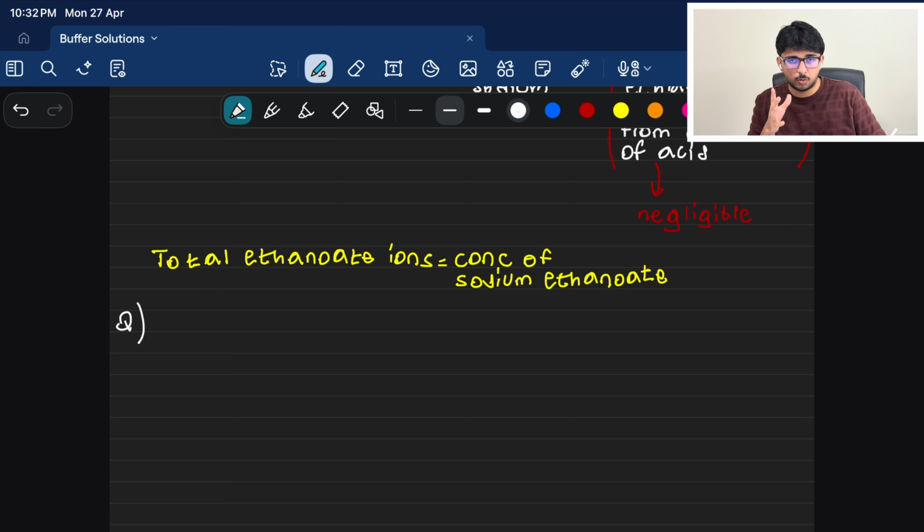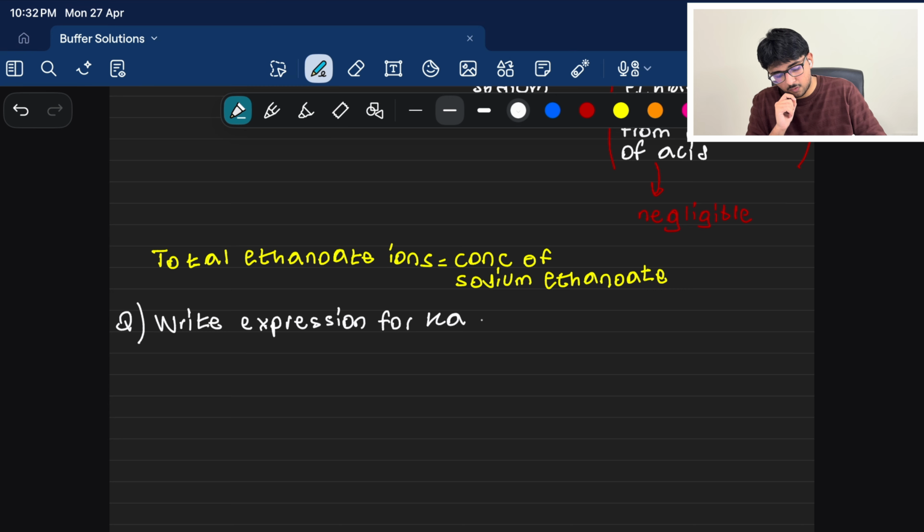That's it. Now I have a few questions for you to solve. So just pause the video after I've done writing the question, solve it, and then resume the video once again. So write the expression for Ka for this acidic buffer.